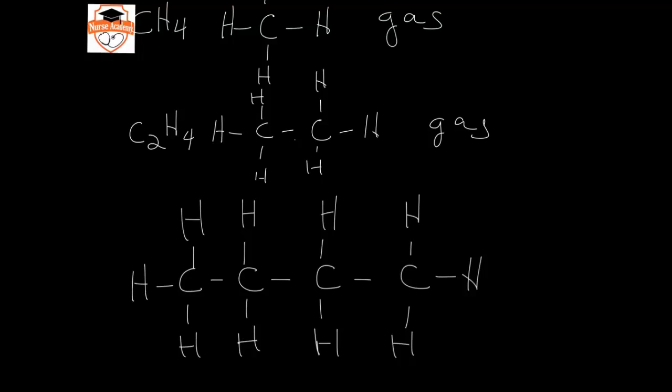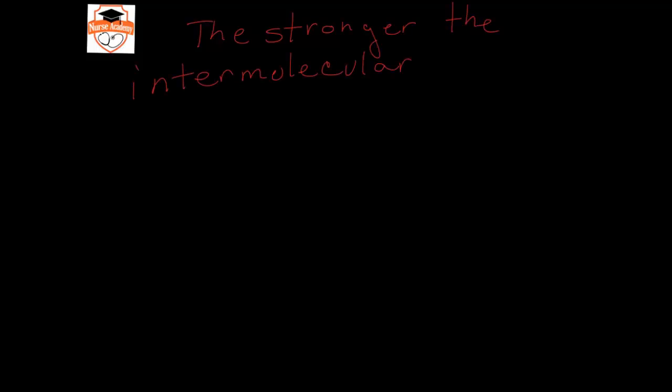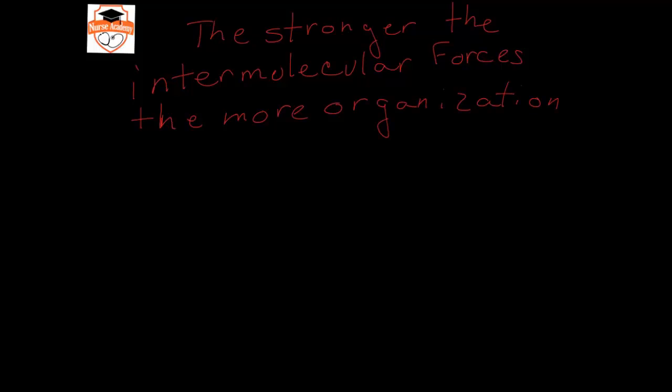This one is a liquid at room temperature because it has more dispersion forces. So the stronger the intermolecular forces, the more organization you're going to see in the compound, and the more heat it requires to disrupt it. So the higher the boiling point and the higher the melting point, the stronger the intermolecular forces.